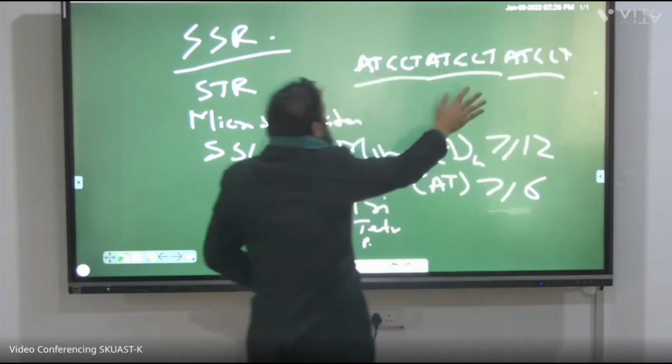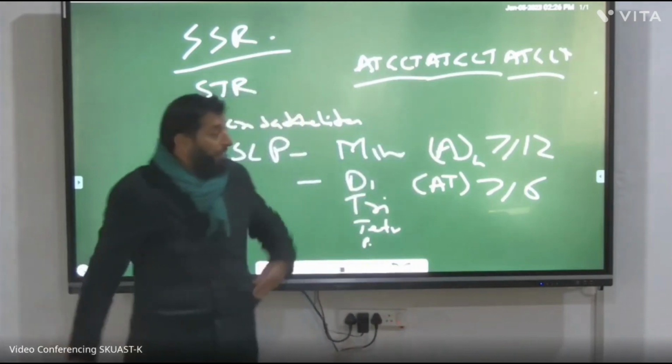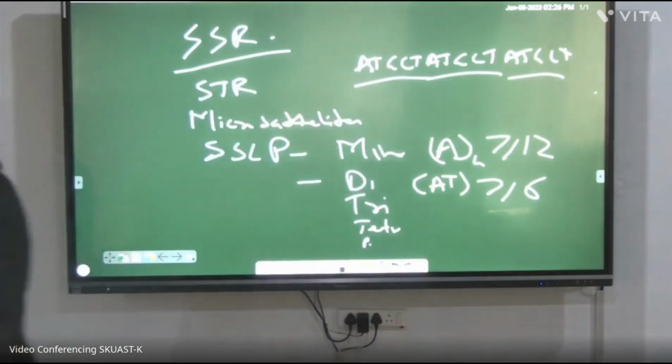So this ATGCT is a penta repeat that is repeated, it should be more than 5, okay, or equal to 5.